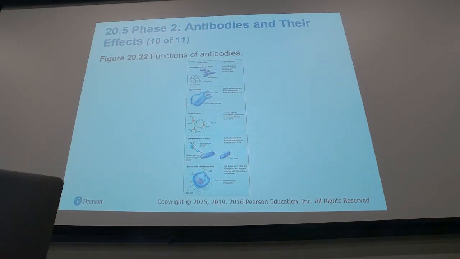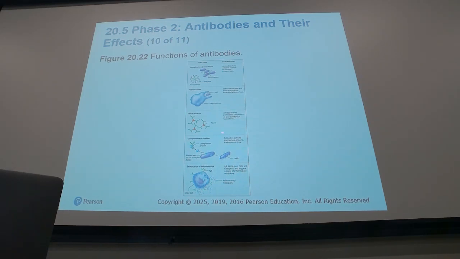Other ones will be for opsonization to coat these antigens. And anytime that you physically bind an antigen with an antibody, you form an antigen-antibody complex, and this is a physical block. So it indirectly leads to neutralization.